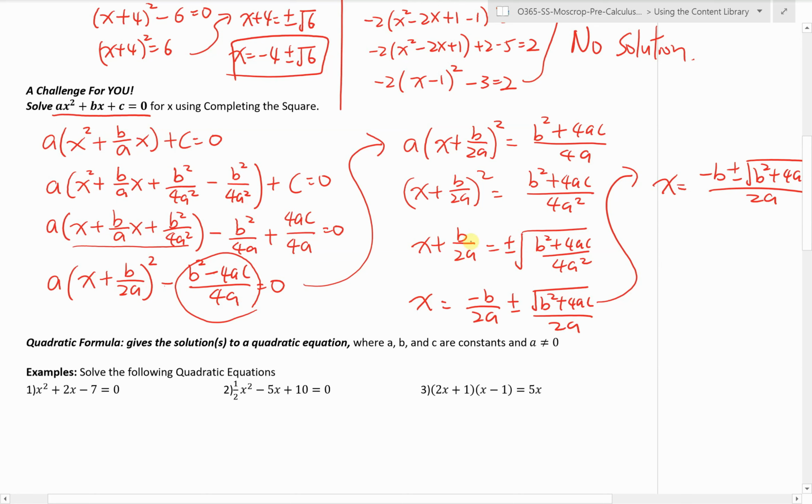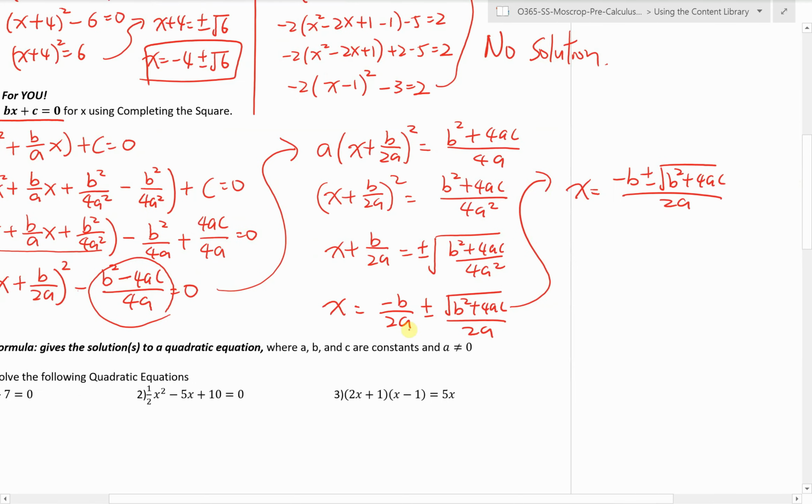Finally, to solve for x, we move b over 2a to the right. That becomes negative b over 2a. Now for this radical sign, you can see it's the square root of 4a squared in the denominator. So when you square root that, you actually get 2a here. Because they have the same denominator, we can rewrite this as one single fraction. So that's negative b plus minus the square root of b squared.